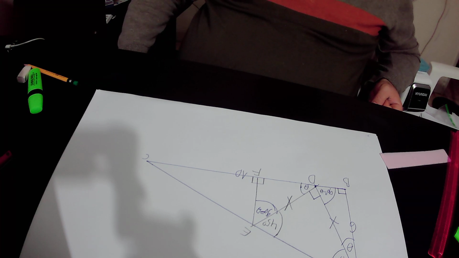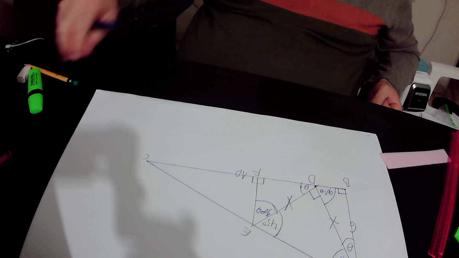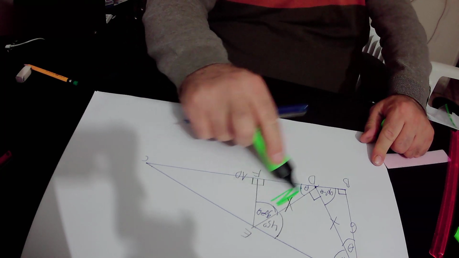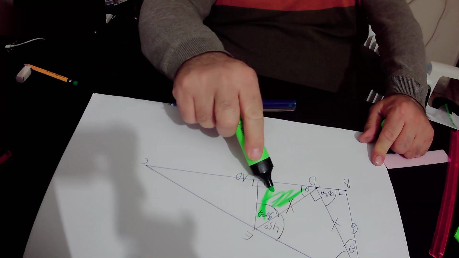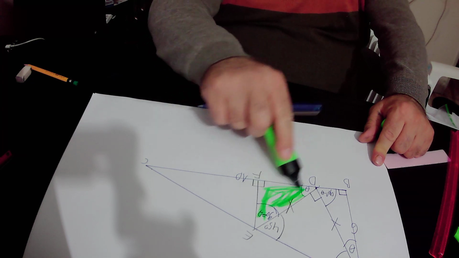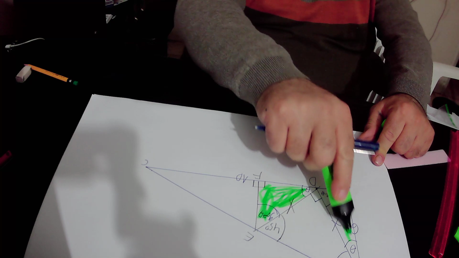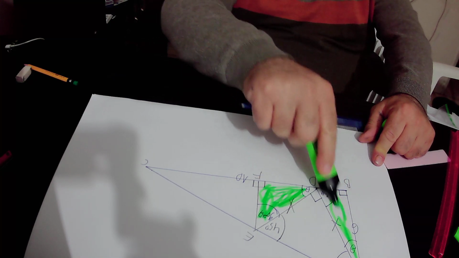We actually found out that all the angles in those two green triangles are equal to each other.